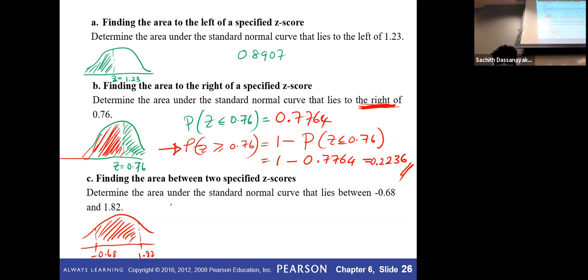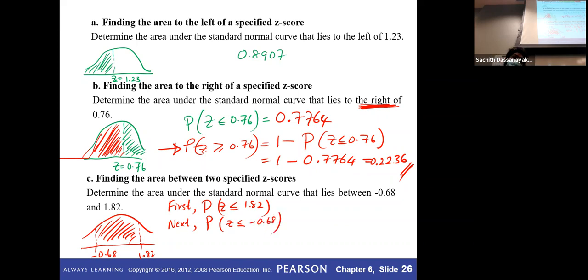So first you need to find the probability of C less than or equal to 1.82. First find this. Next, find the other probability, C less than or equal to negative 0.68.